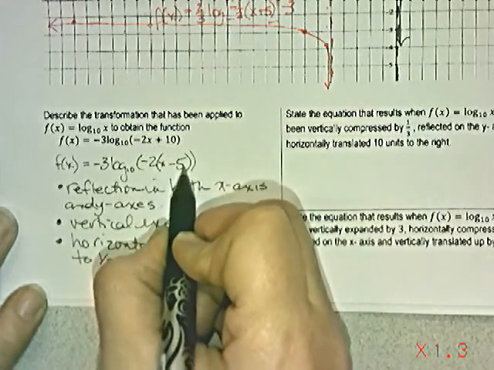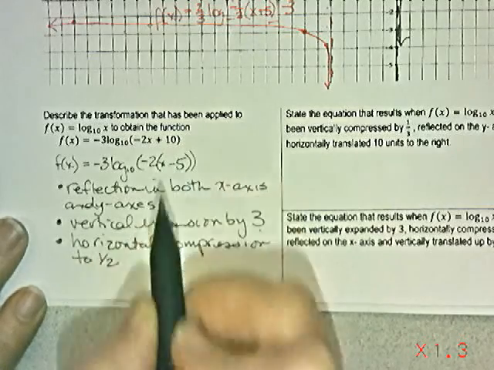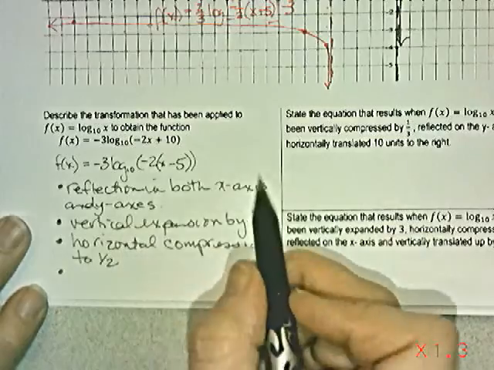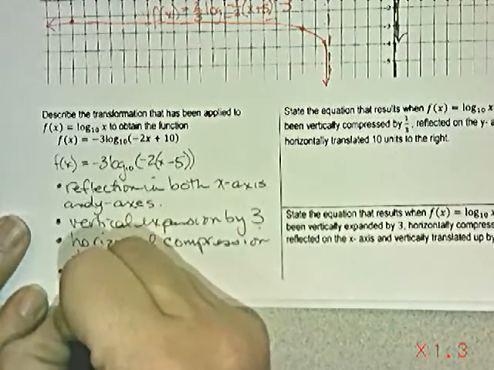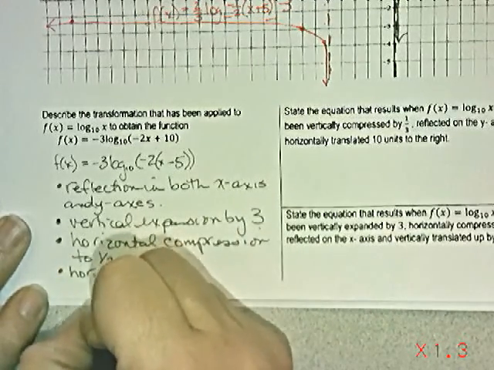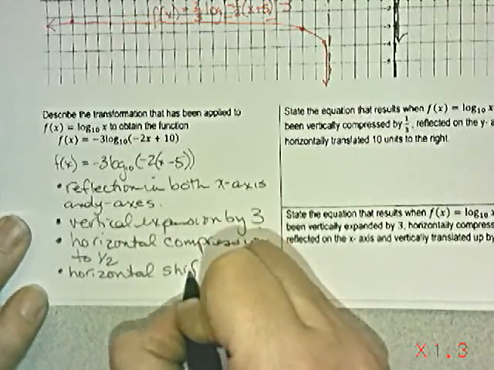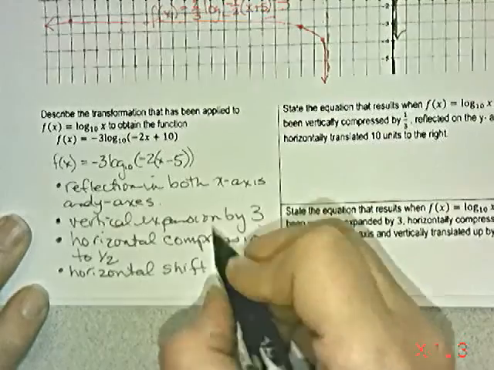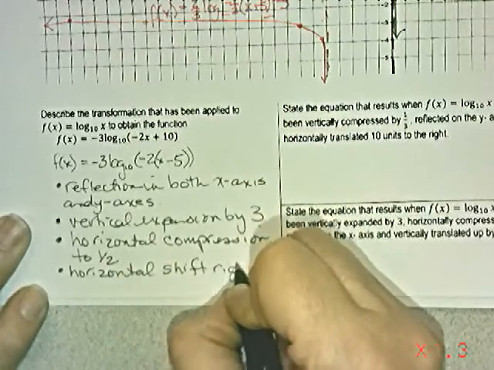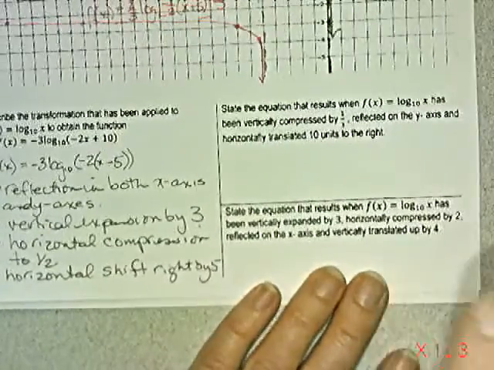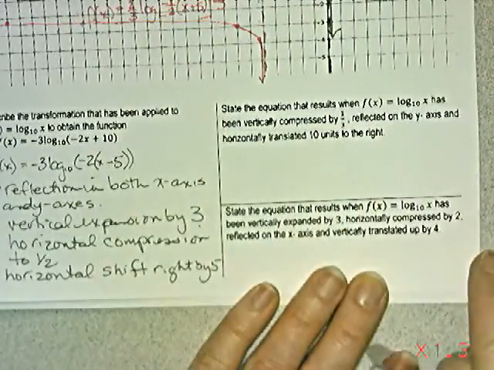And then finally we have a -5 inside my function, and so that is a horizontal translation or shift, horizontal shift, right by 5.